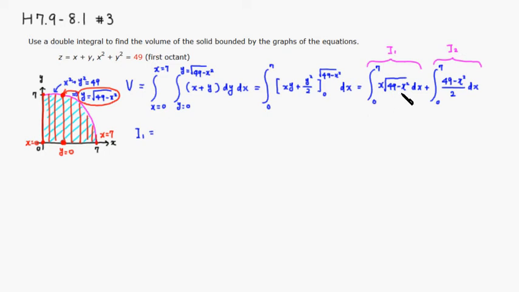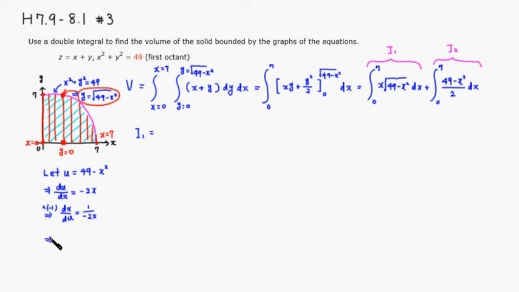Alright, so I'm going to use a substitution. Let u be 49 minus x squared, right? Then you can take the derivative of u with respect to x, which is equal to negative 2x, and take the reciprocal of both sides so that dx goes on top, and it's going to be 1 over negative 2x.